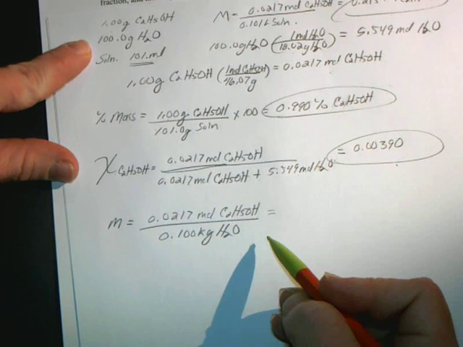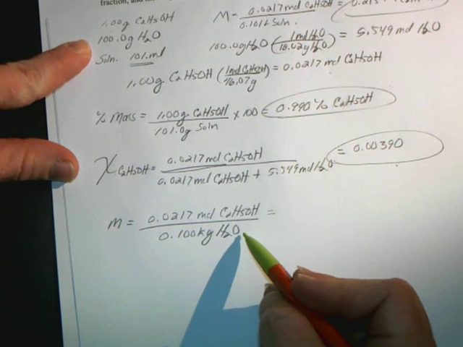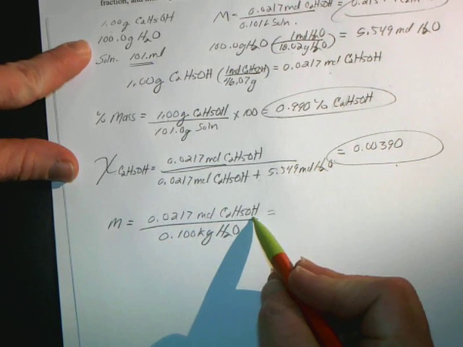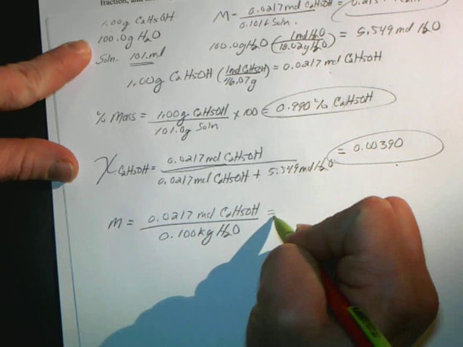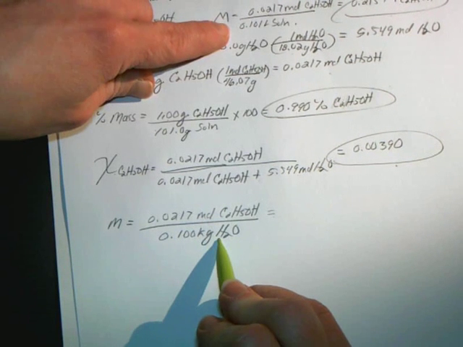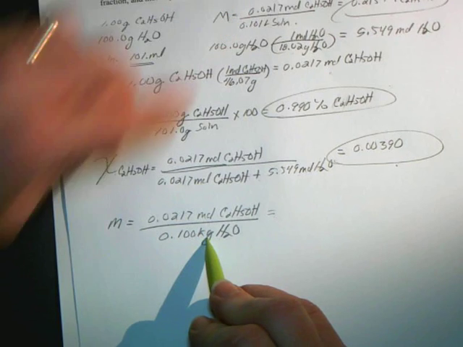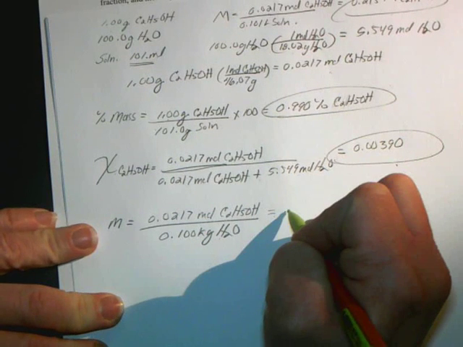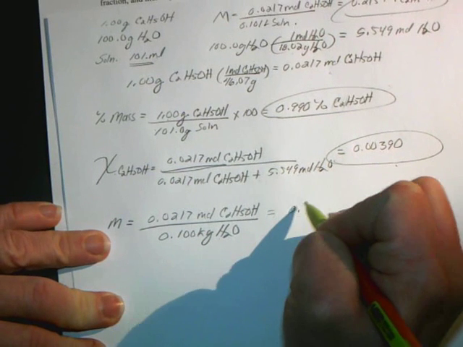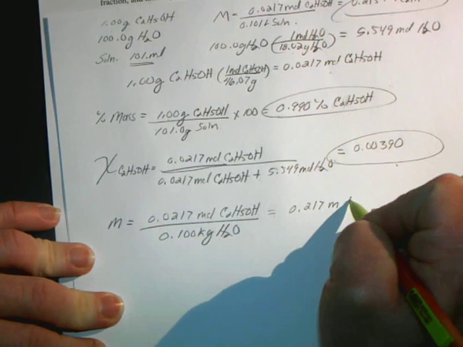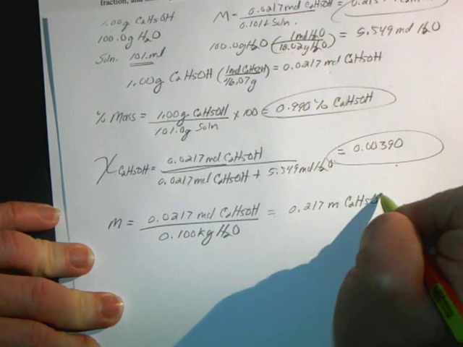However, they can be similar in value when they are dilute, when our solute is of a small quantity, because that'll really then bring, if water's our solvent, the kilogram value to be very close to the liter value. And when we're dividing this, we get 0.217 molal of our C2H5OH.